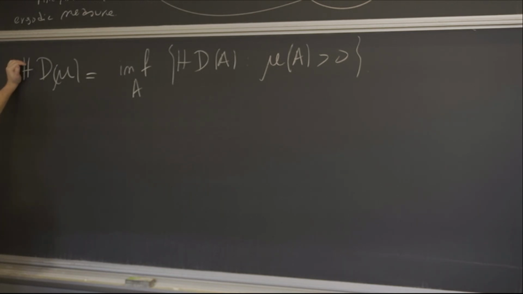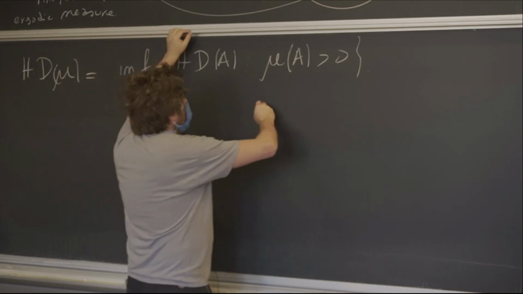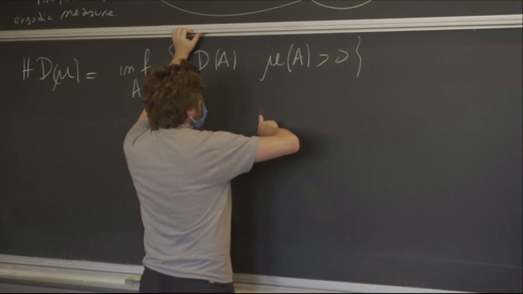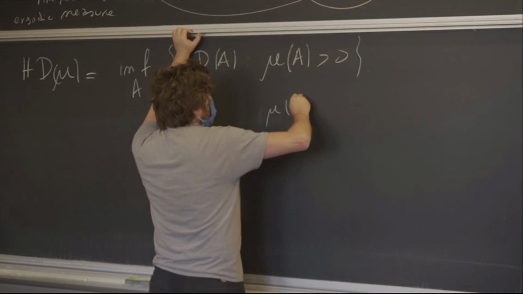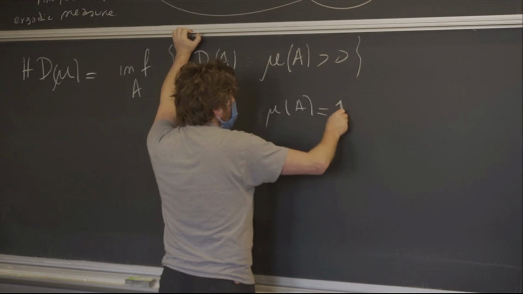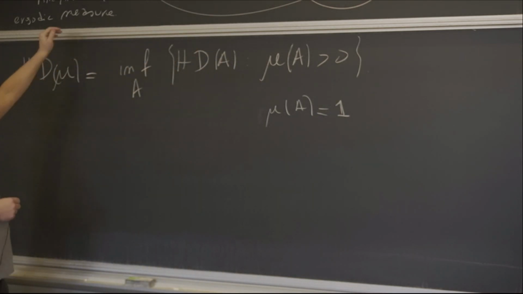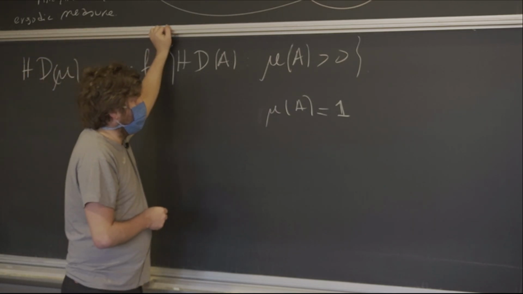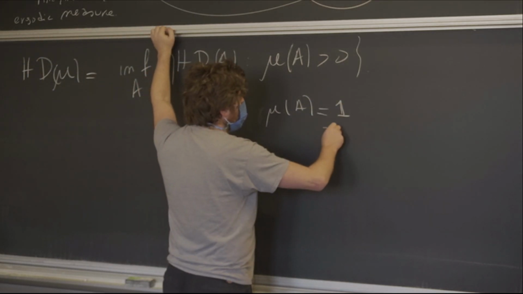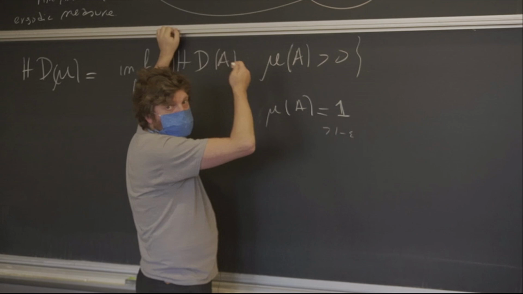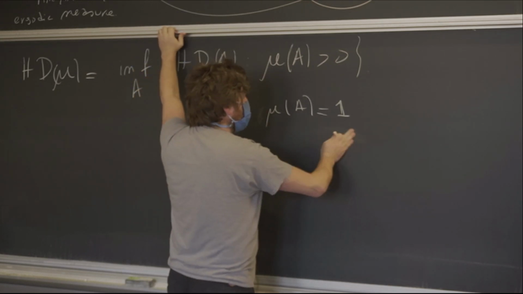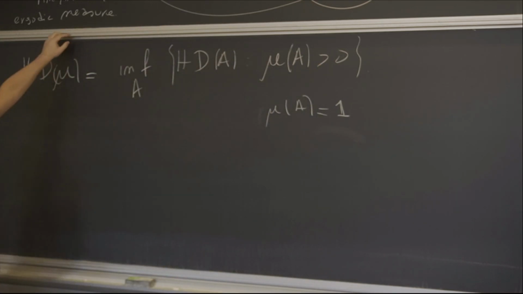And there are other sorts of dimensions where you ask for a set B of full measure instead of just positive measure, or you can take a limit asking the measure to be larger than 1 minus epsilon, taking the limit with epsilon positive. Typically, most definitions do not coincide, but they do coincide in reasonable situations.